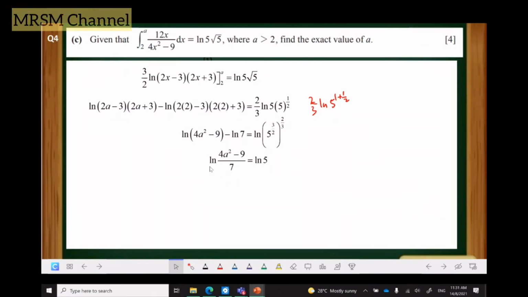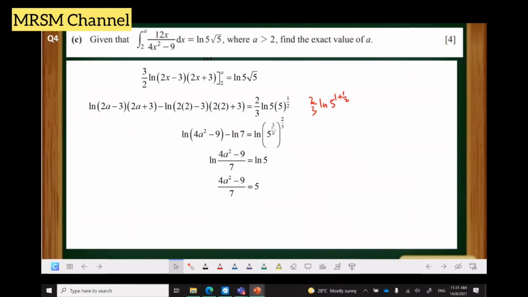Now we have one ln sebelah kiri, we have one ln sebelah kanan so that we can compare the value. Therefore, (4a squared minus 9) over 7 is equal to 5. Okay, you have to have this before you compare left and right. Selagi kita tak dapat satu je ln sebelah kiri, satu ln sebelah kanan, you cannot compare.